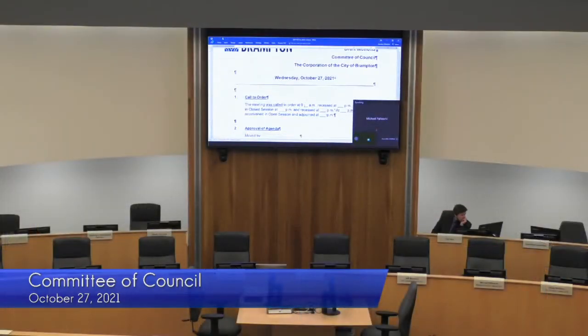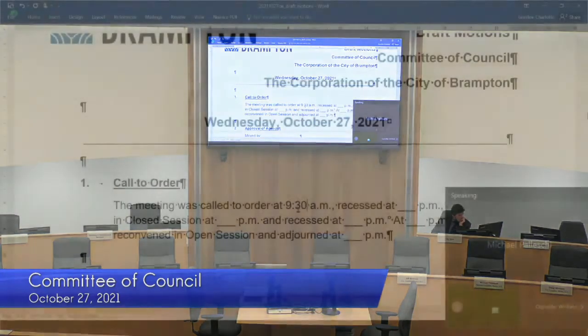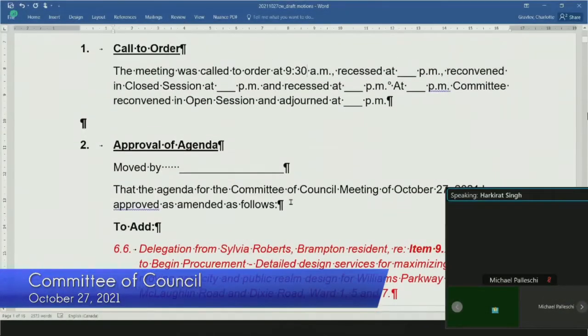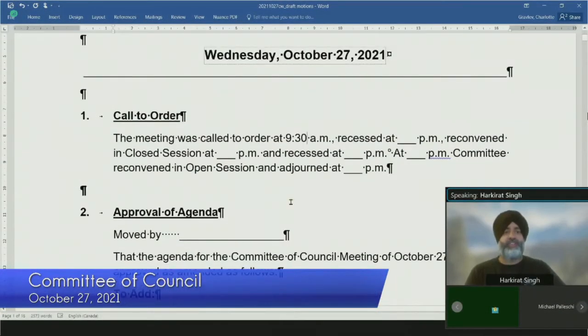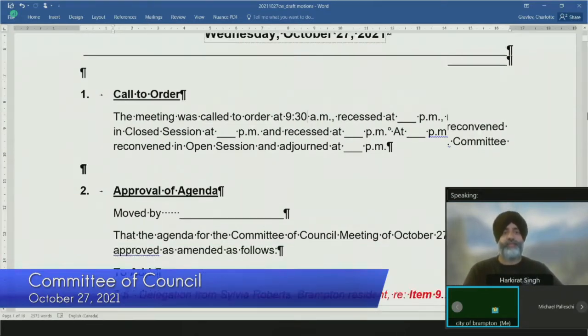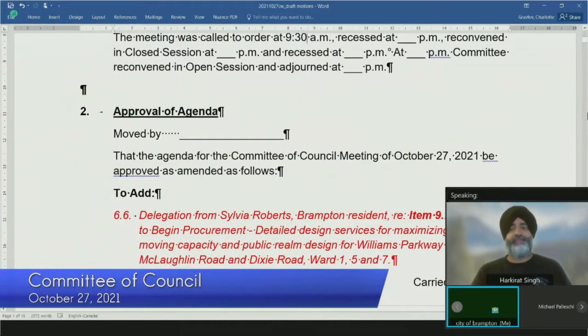Thank you. Our next item is approval of the agenda. Does any member wish to add a business item to today's meeting? If so, please use the chat function to add your name to the speakers list. Mr. Chair, just to advise committee that we do have an added delegation request that will be identified as 6.6 on today's agenda from Sylvia Roberts, Brampton resident.